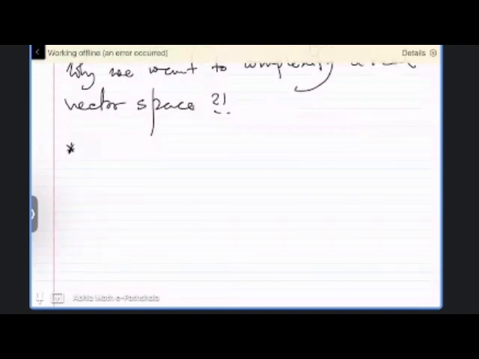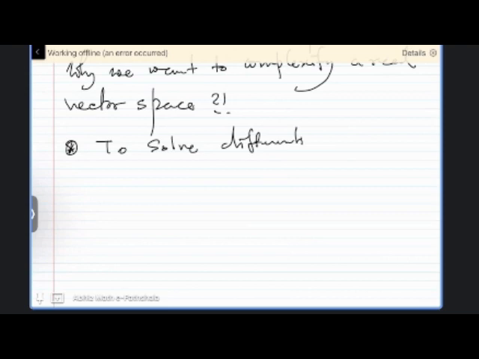So firstly, we can say that to solve differential equations. Rather, one can say, rather equations by and large.